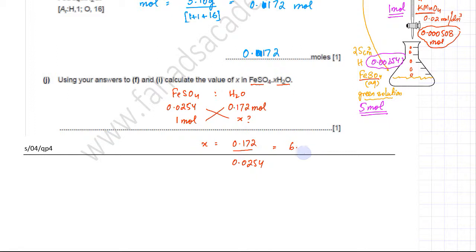The value that the calculator is giving me is 6.77, rounded to 3 significant figures. And remember that the question stated that X was a whole number. So assuming that we had some errors in our experiment, we're going to round this value off to 7. So since it's a whole number, the formula of the hydrated salt would be FeSO4.7H2O according to our experiment and our calculations.